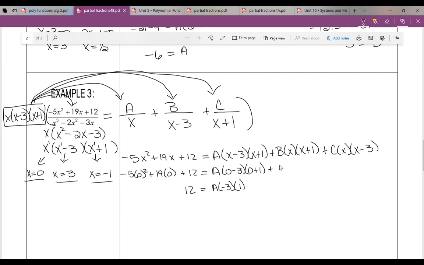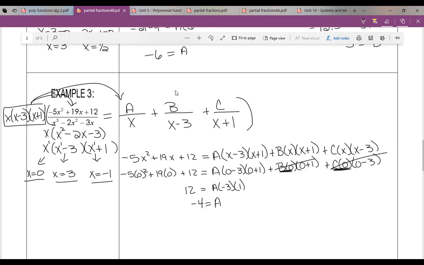When I move over to the B fraction, B times 0 plus 1, B times 0 is 0, and 0 times anything is 0, so the B drops out. When I do that to the C, I have the same exact scenario. C times 0 is 0, and 0 times anything will knock that out. So now I'm left with A equaling negative 4. I have my first number.